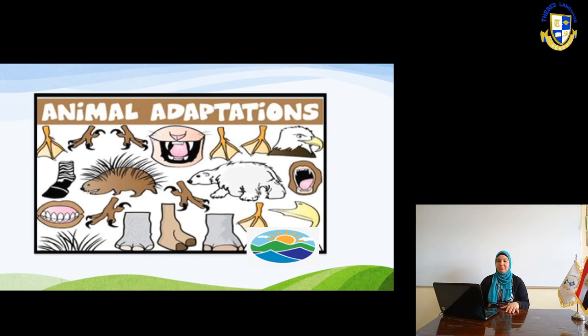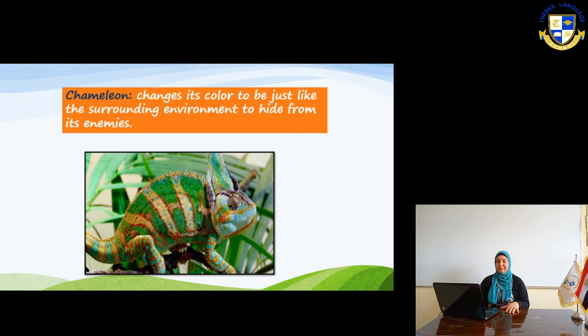In the next slide, here is a chameleon. This chameleon can change its color to be just like the surrounding environment to hide from enemies. So this is another kind of adaptation, which is camouflage.